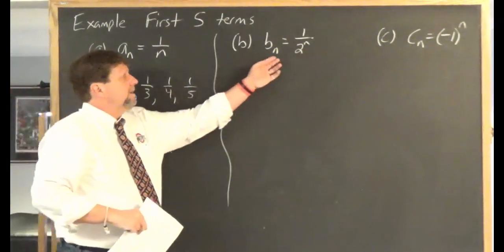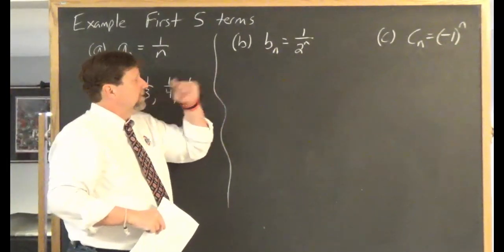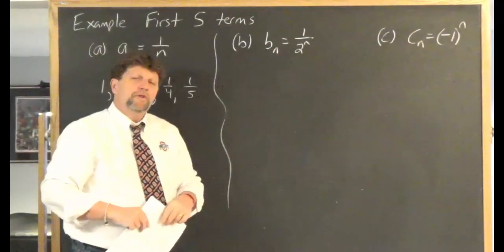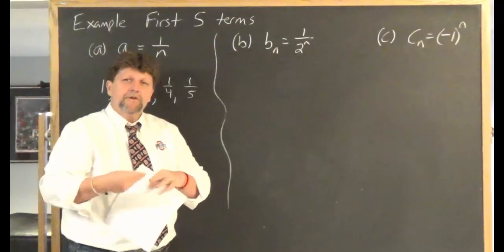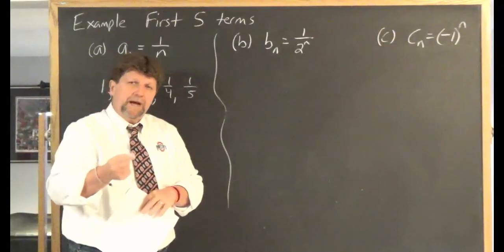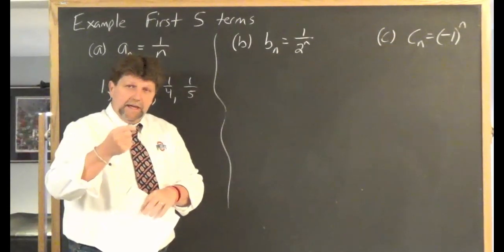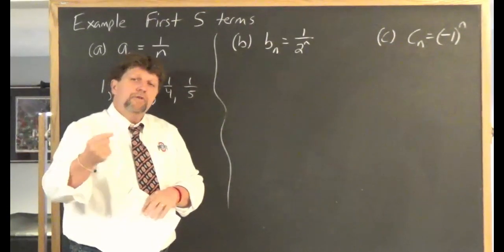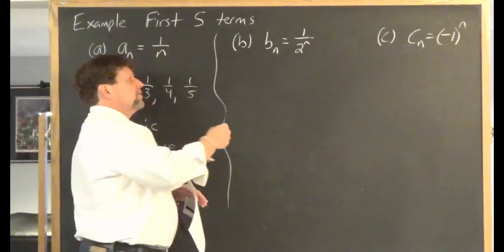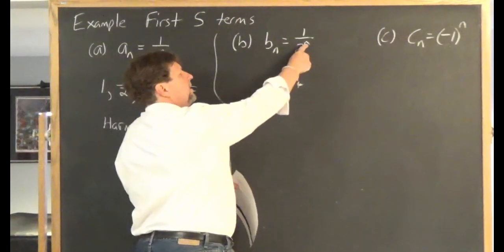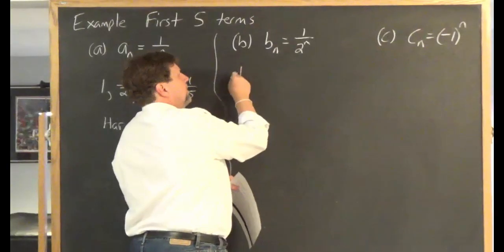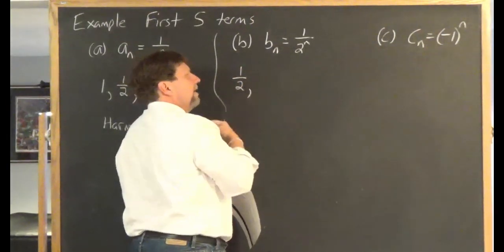All right, moving on. Part B. The sequence was b sub n equals 1 over 2 to the n. So again, the first 5 terms, domain is positive integers. So we're looking at n values of 1, 2, 3, 4, and 5. When 1 comes in for n, you get the first term of the sequence to be 1/2.